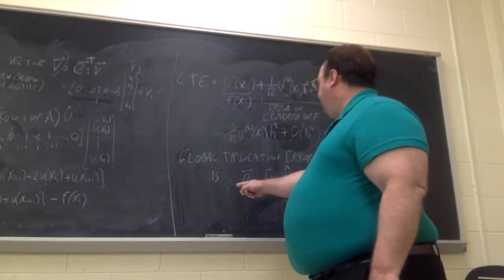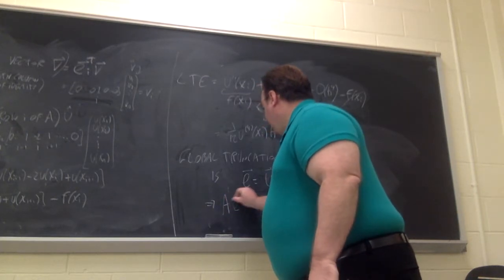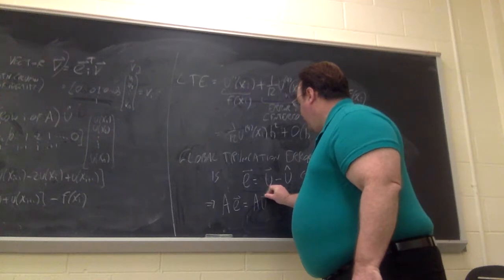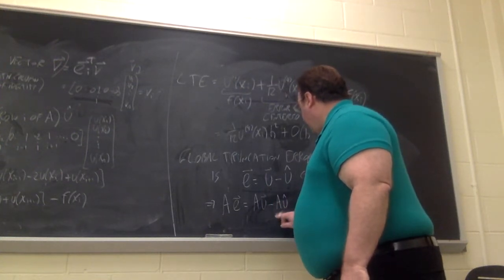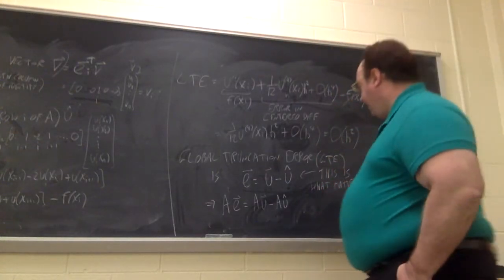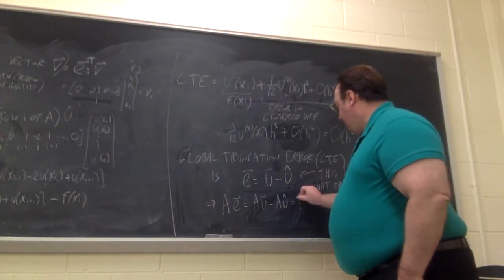I can take this equation and multiply both sides by A. So AE is equal to AU minus A U hat. But AU is equal to f.